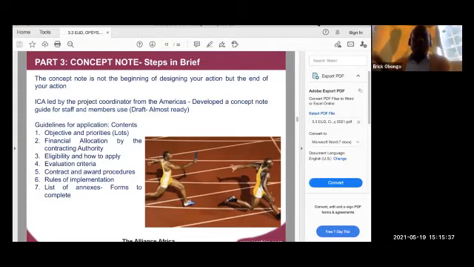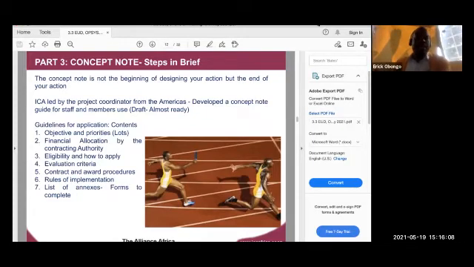So there are quite a number of analyses which are being done. What Dr. Karimi will be taking us through tomorrow: you do the problem analysis, the stakeholders analysis, the objective analysis, and then the strategy analysis. Once you do all those analyses, you will come to the conclusion that what you put down in the concept note is something which will be able to sell and be accepted by the European Commission for funding.